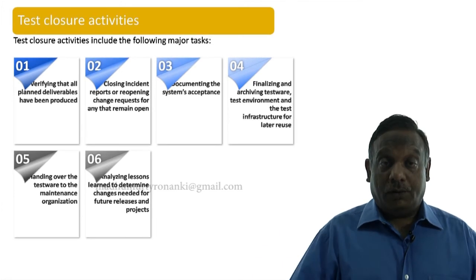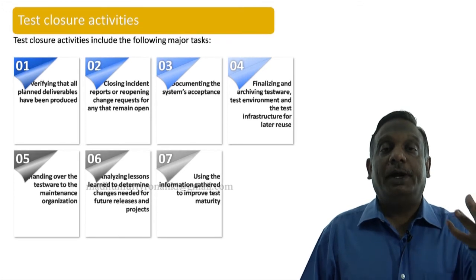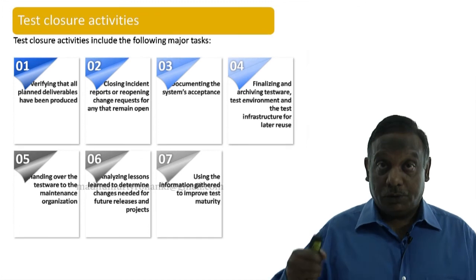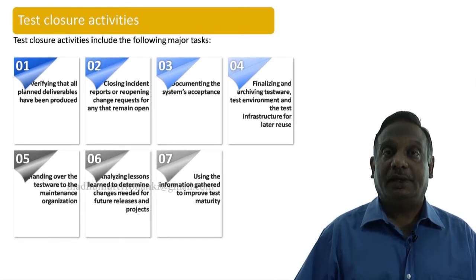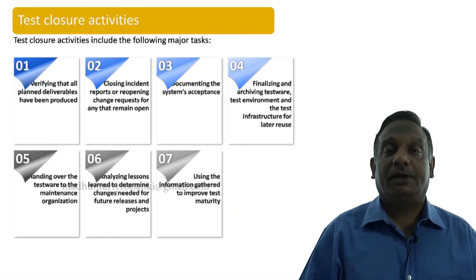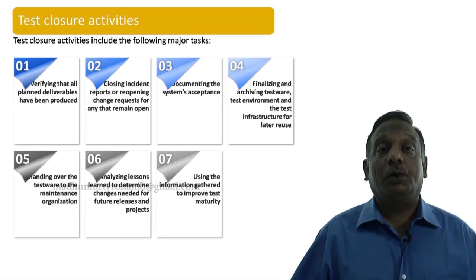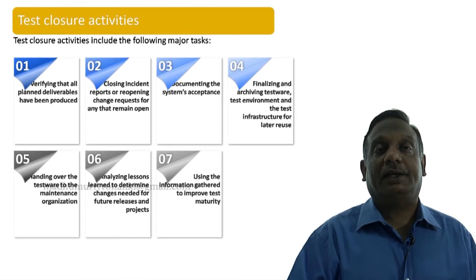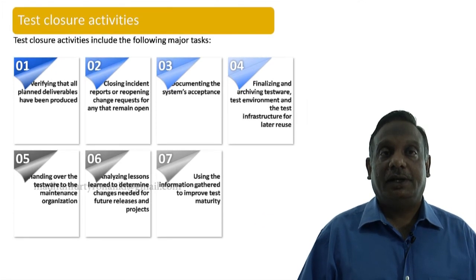So now, using all this information, you can suggest some improvements to your organization. Using the information, you can improve the test maturity. So best practices can be told to your testing organization. So this is how formally you will close the project. So with that, we have completed the fifth activity of the fundamental test process, that is our test closure activity.